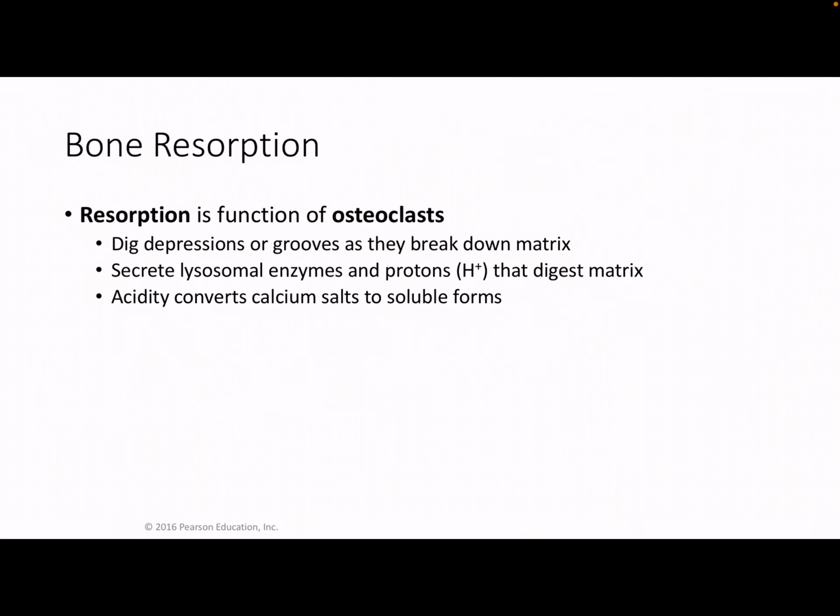Resorption is a function of the osteoclasts. Osteoclasts are different. Osteoblasts are the ones that are building bone and mitotically active, making babies. Osteocytes aren't making any cell babies, but they're maintaining the calcium matrix, the bone matrix itself. But osteoclasts very specifically go in and start tearing apart the bone, right?